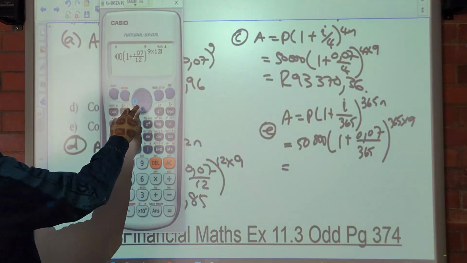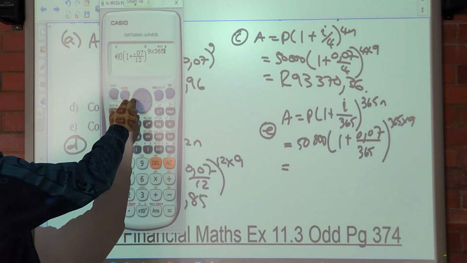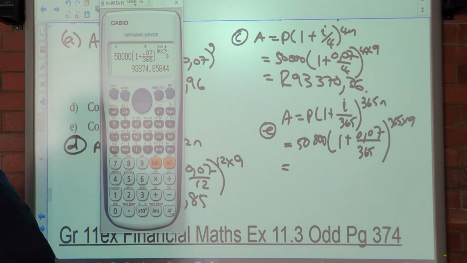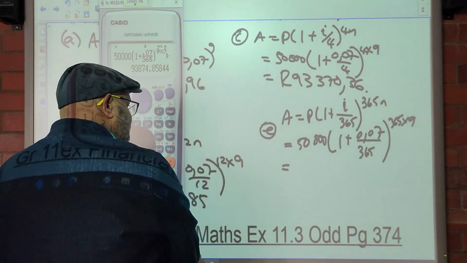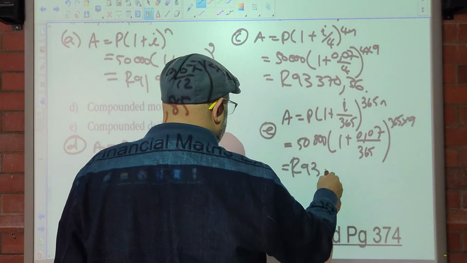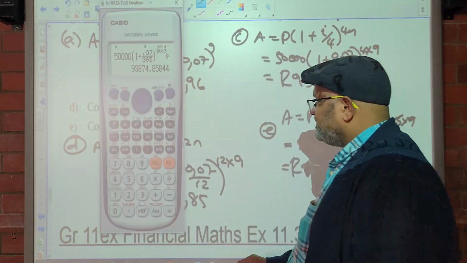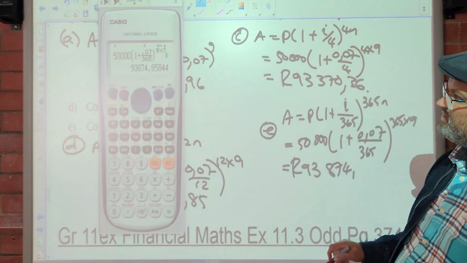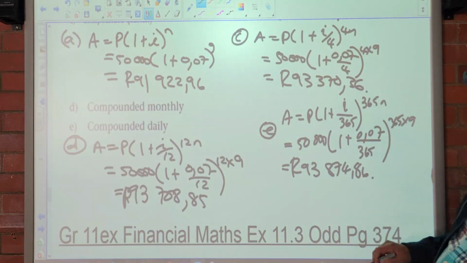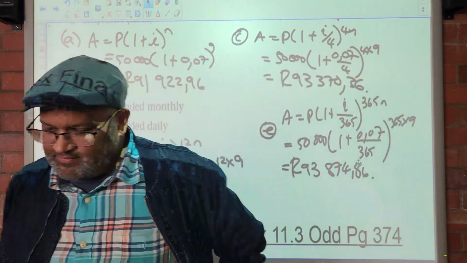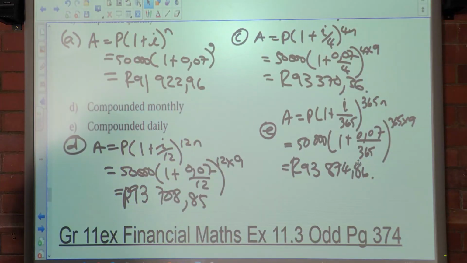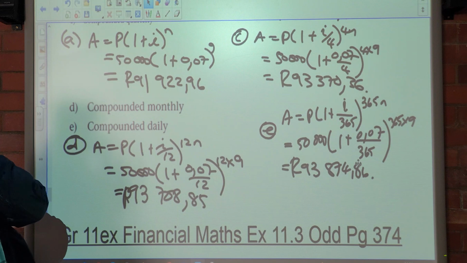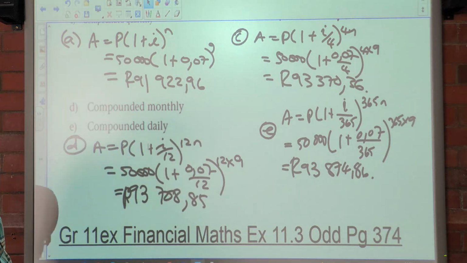It gives you 93,874 rand and 86 cents. As you can see clearly, the one that is going to give you the better return is E, at the same interest rate.